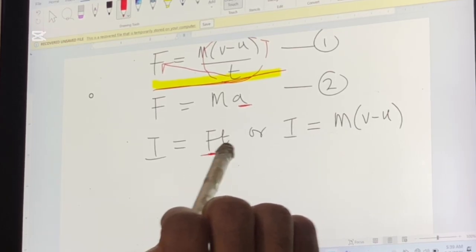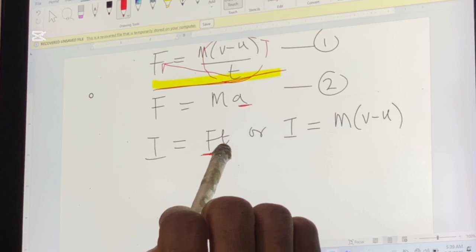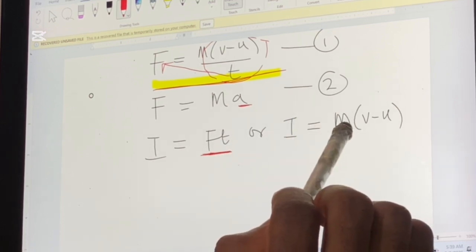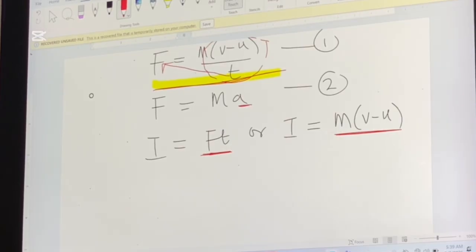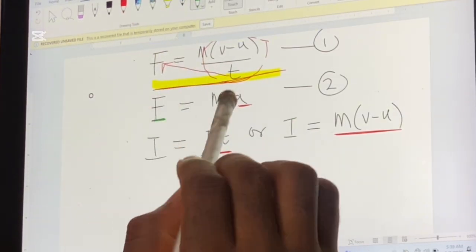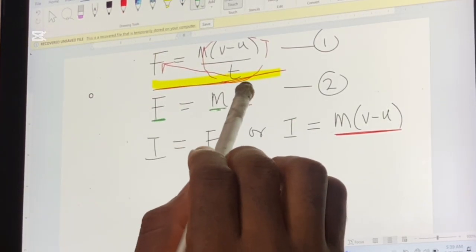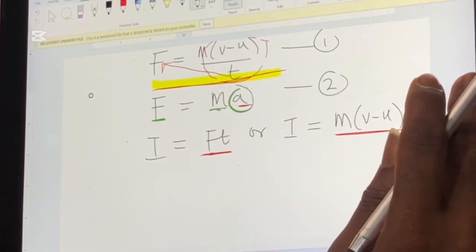If you're asked to calculate impulse when force and time are given to us, you can use this. If you're asked to calculate impulse when there is a change in momentum, you can also use this technique, okay? But in the given parameters in this question we are solving, we are given force, we are given mass, and we are asked to calculate the acceleration here. So equation 2 is what we work with in this particular question.